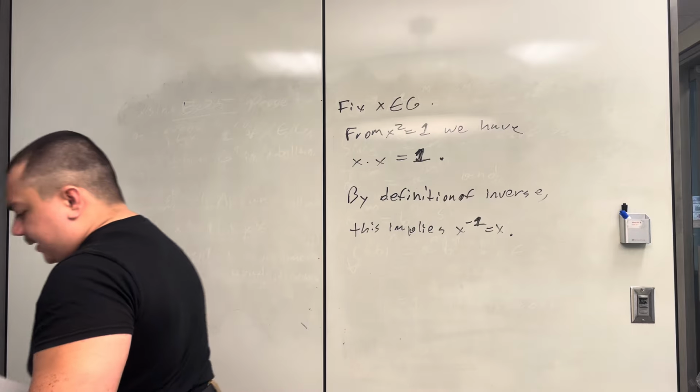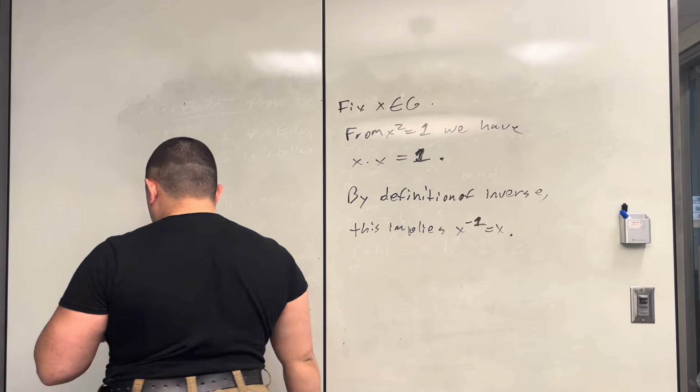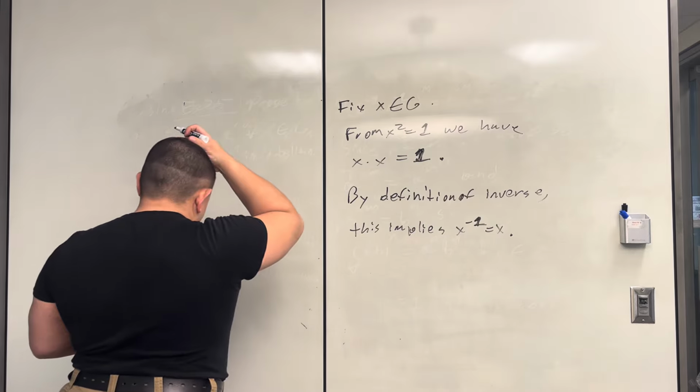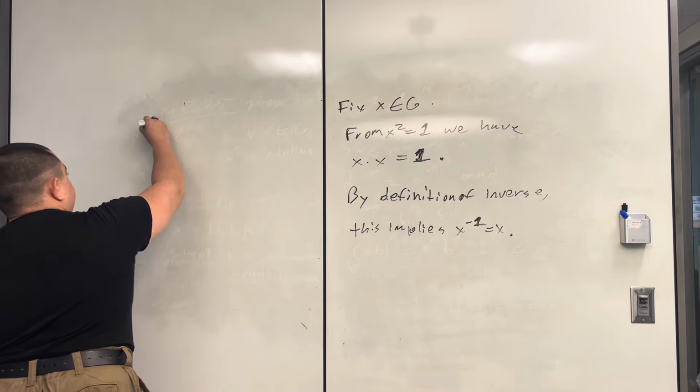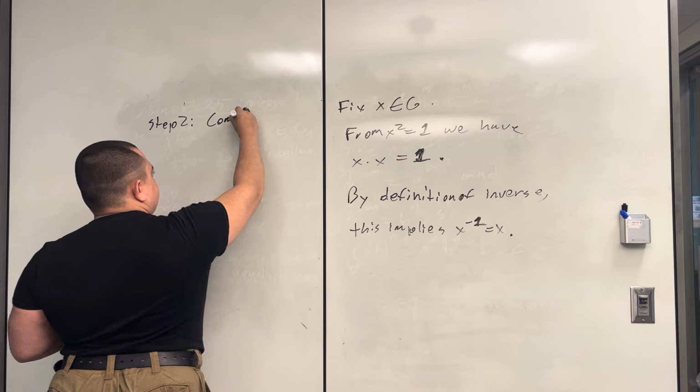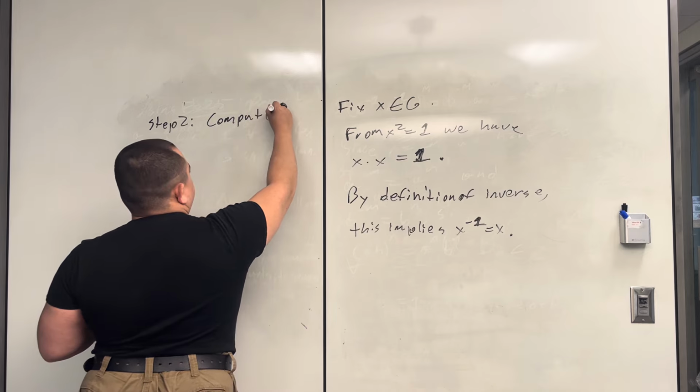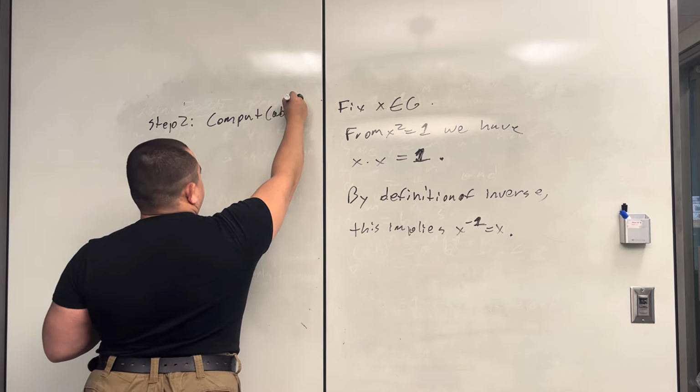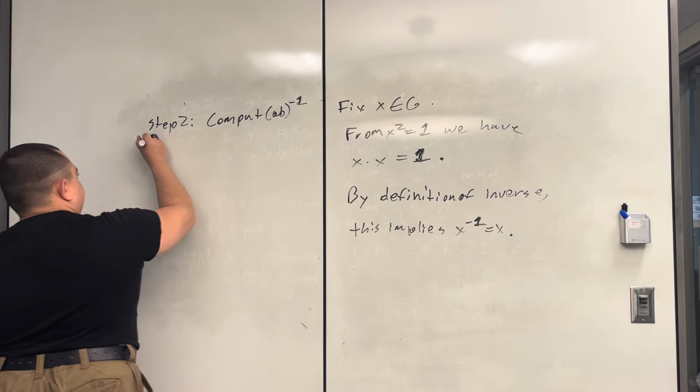Now let's look at the case of the inverse of AB. So step 2, we want to compute (AB) to the negative 1 explicitly.